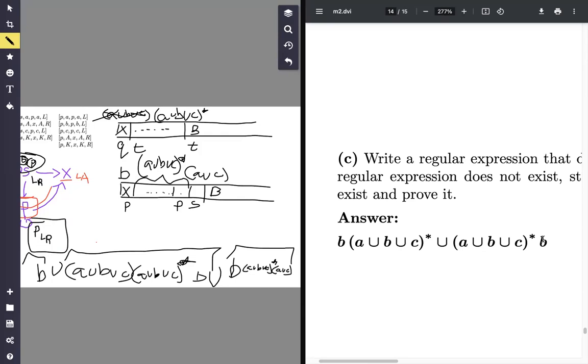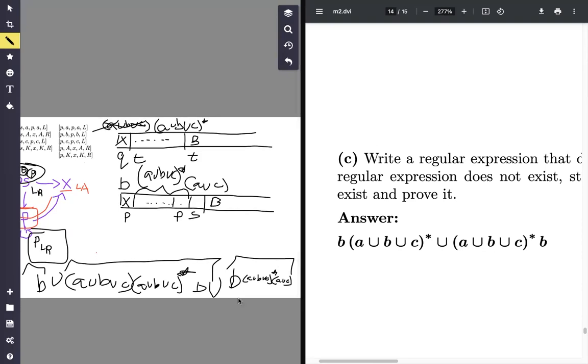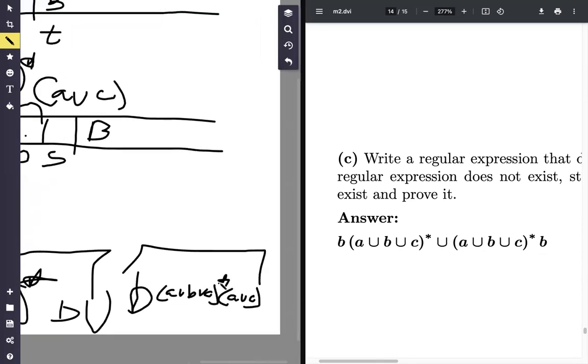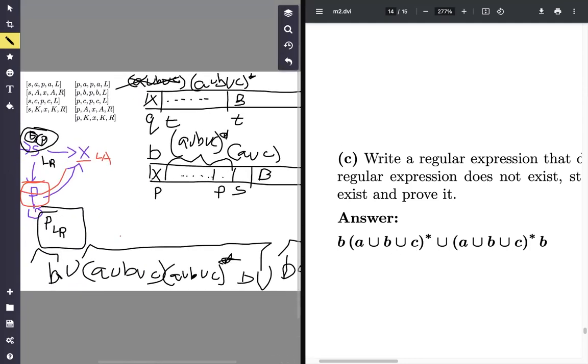Why is there 2 stars in B? What? Where? In the end. This part here? There's 1. In her answer, there's a union, right? This is saying starting with the B, anything that starts with a B, and this says anything that ends in a B, right? So this is fine.